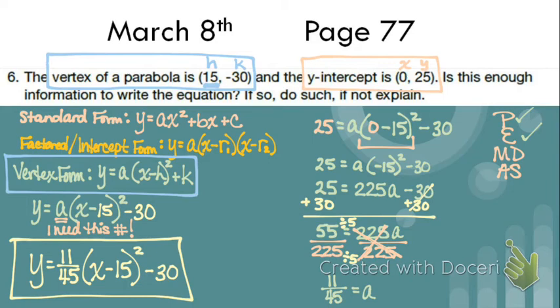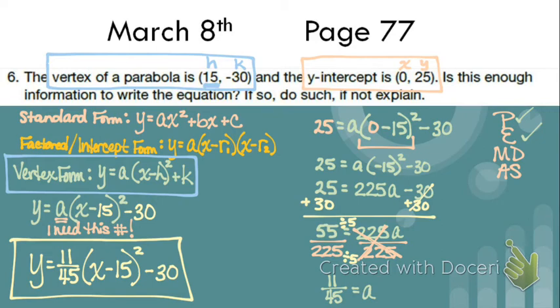So I'm going to go over to Desmos and do that. Let me get rid of this stuff. So what was our vertex again? 15, negative 30. I'm going to make it label that point. What other point did we have? 0, 25.